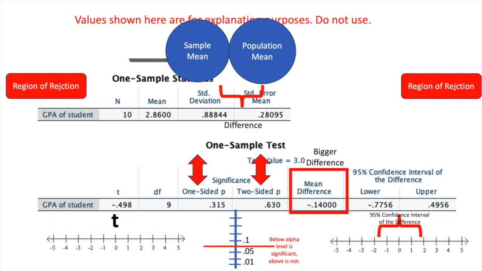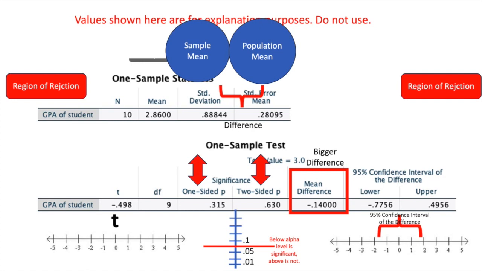If you look at the top, they're close to each other. The sample mean is not in the region of rejection. If you look at the two-sided p's, both of them are above 0.05. The t-value is close to zero.